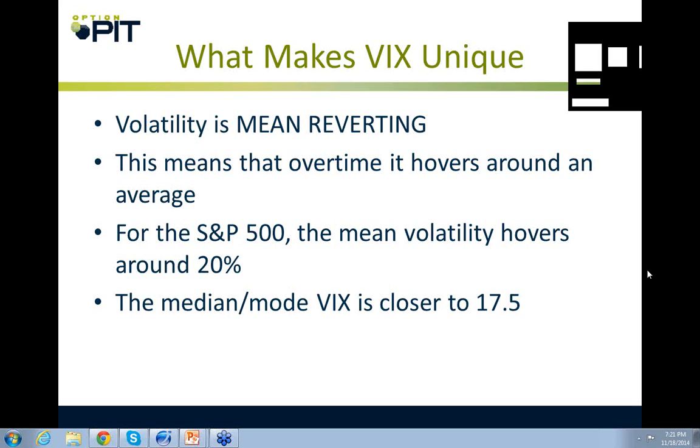Statisticians, when zero can't happen, what does that do? How does that affect a data set in terms of its mean?